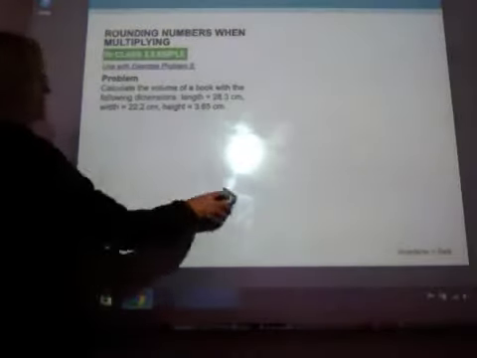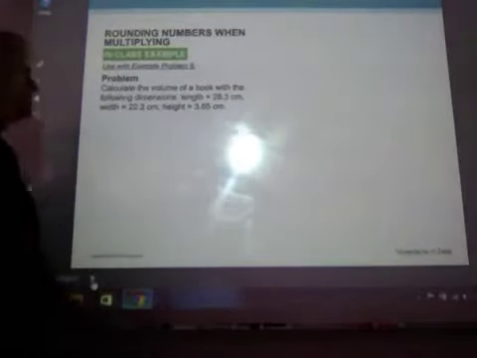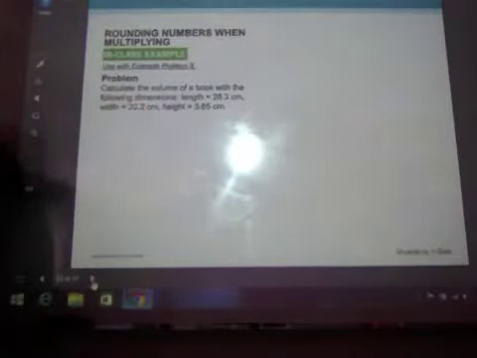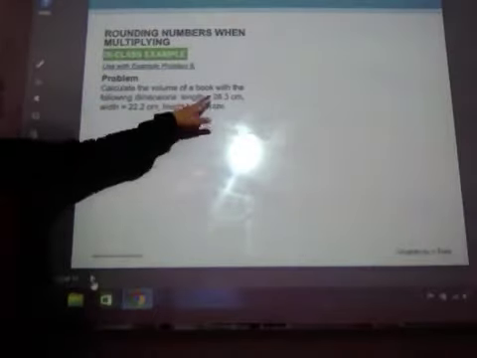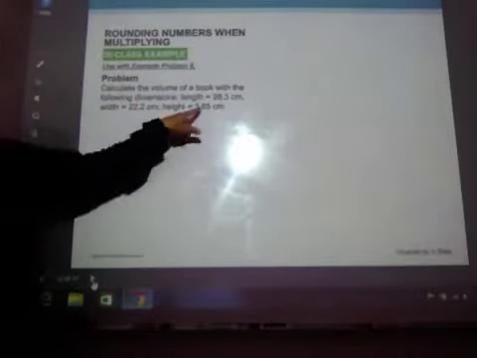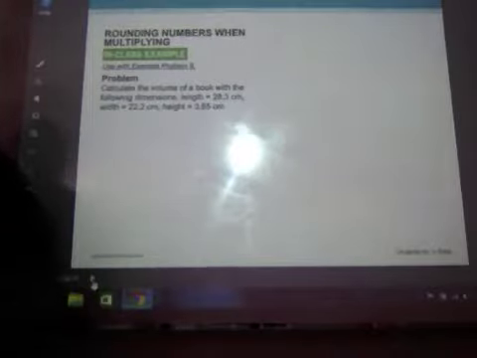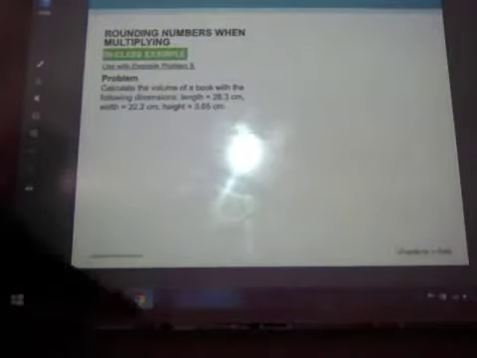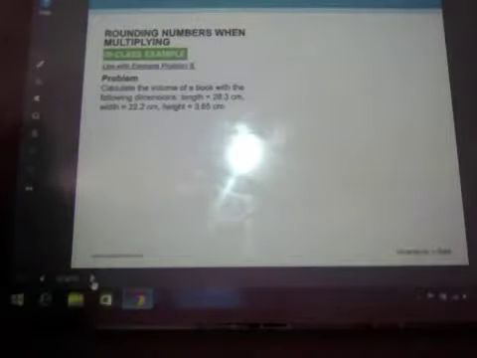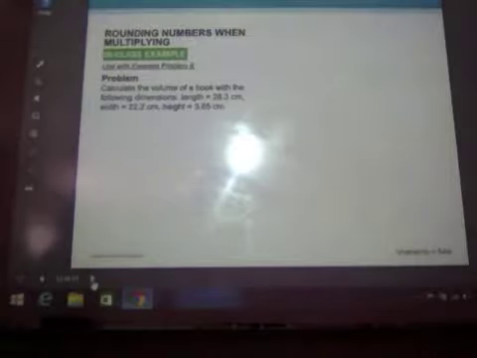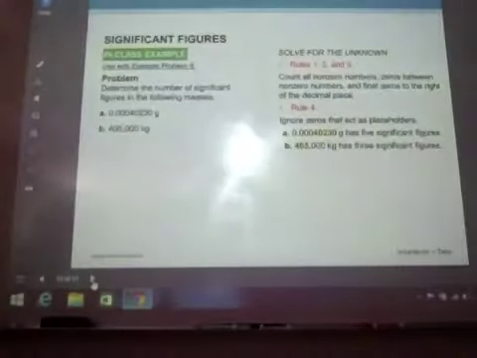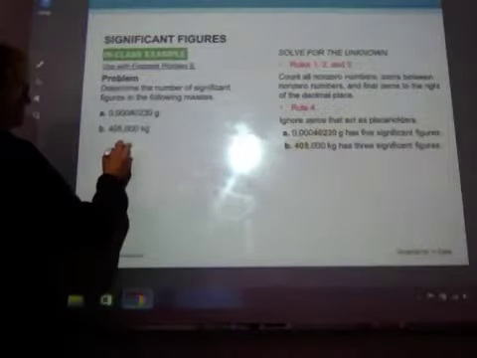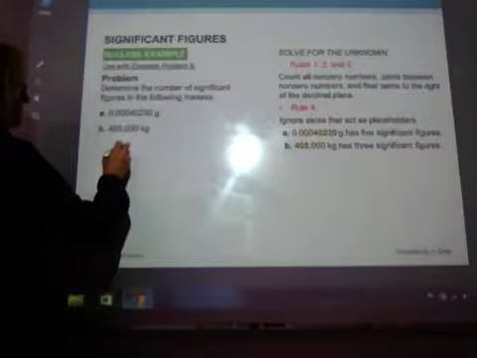If I am going to calculate the volume of a book, get out your calculators, we're going to practice some of this. Take 28.3 times 22.2 times 3.65. Cole, can you tell me what you get? 2,293.149.